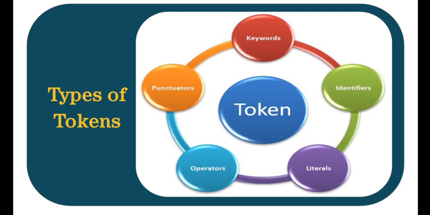Types of token. There are 5 main types of tokens in Python: keywords, identifiers, literals, operators, and punctuators. Today we will discuss the first 3 tokens.